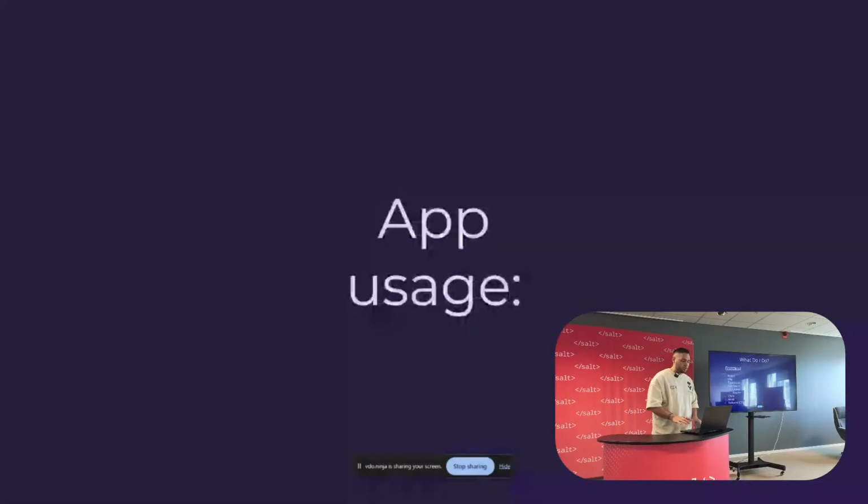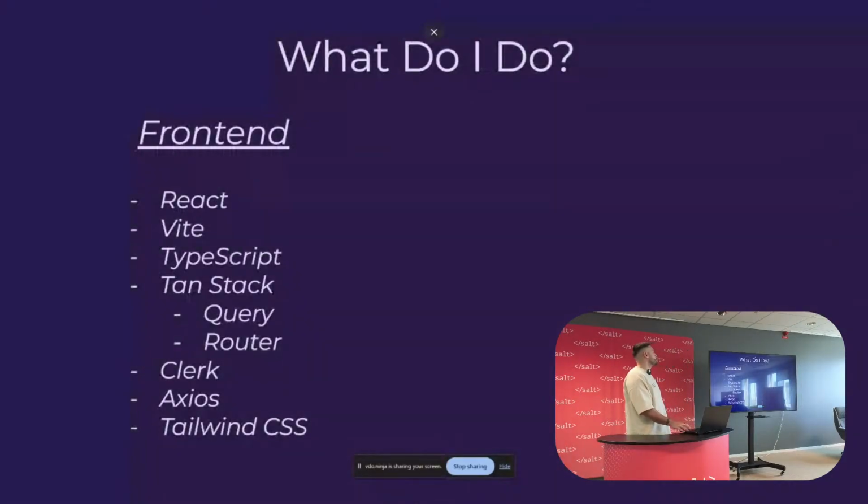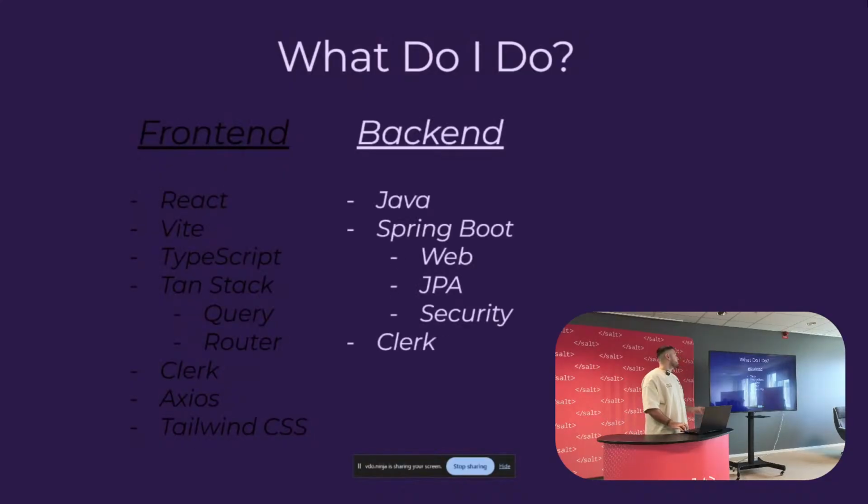I just wanted to talk a bit about how it's done. So in terms of frontend, I have used React and Vite, TypeScript, TanStack Query and Router, Clerk, Axios, and Tailwind CSS. When it comes to the backend, it's with Java, so Spring Boot, and then Spring Web, JPA, Spring Security, and also Clerk to communicate with the backend in an authenticated way.